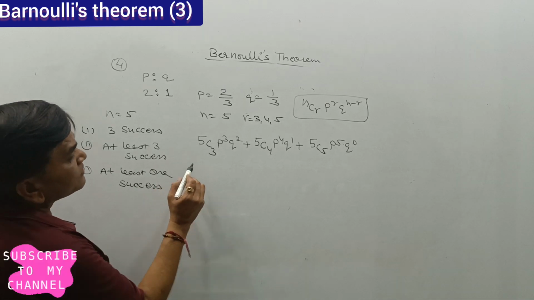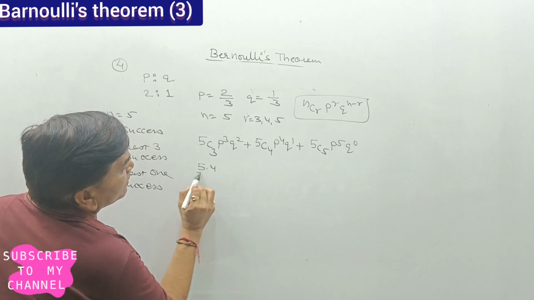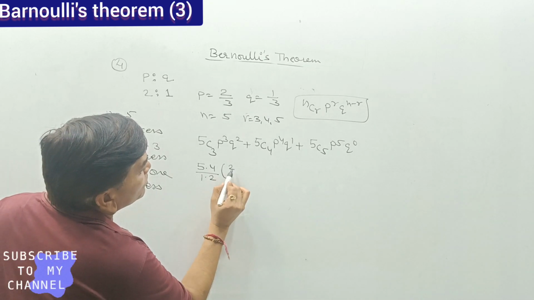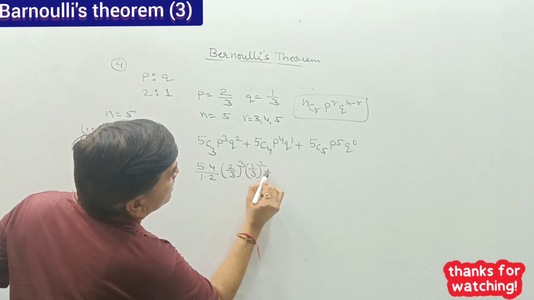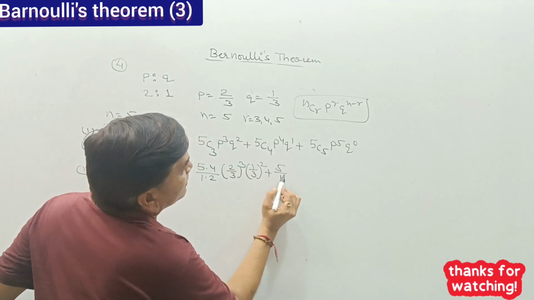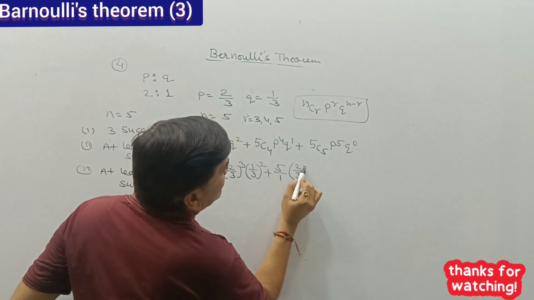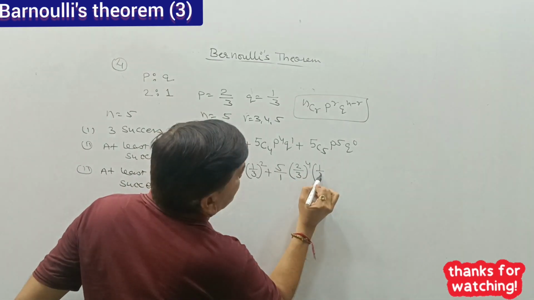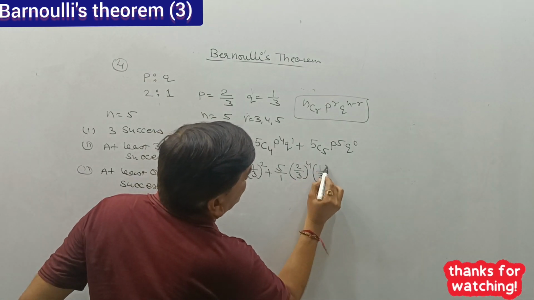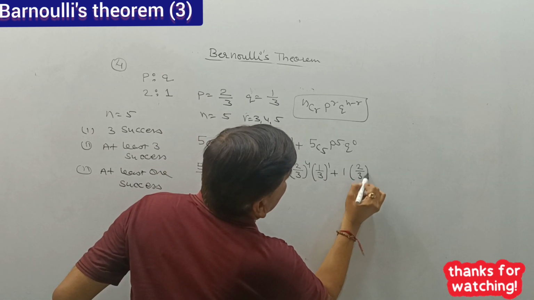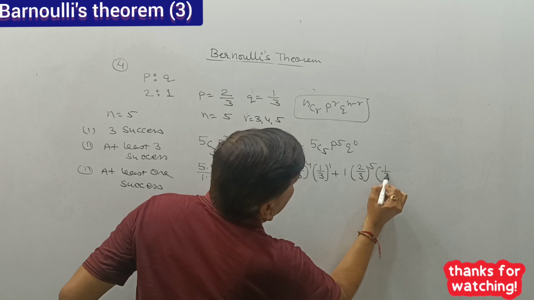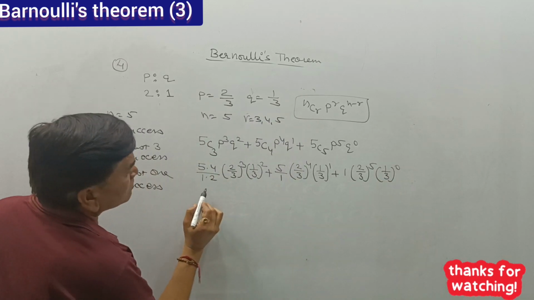So we are having 5 multiply 4 divided by 1 multiply 2, 2 by 3 raised to power 3, 1 by 3 raised to power 2, plus 5 upon 1, 2 by 3 raised to power 4 and 1 by 3 raised to power 1. And this is 1, 2 by 3 raised to power 5 and 1 by 3 raised to power 0.